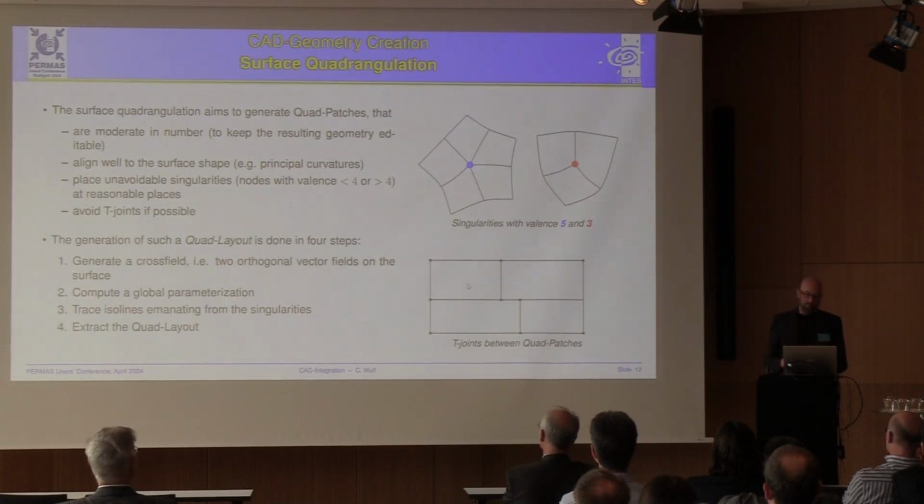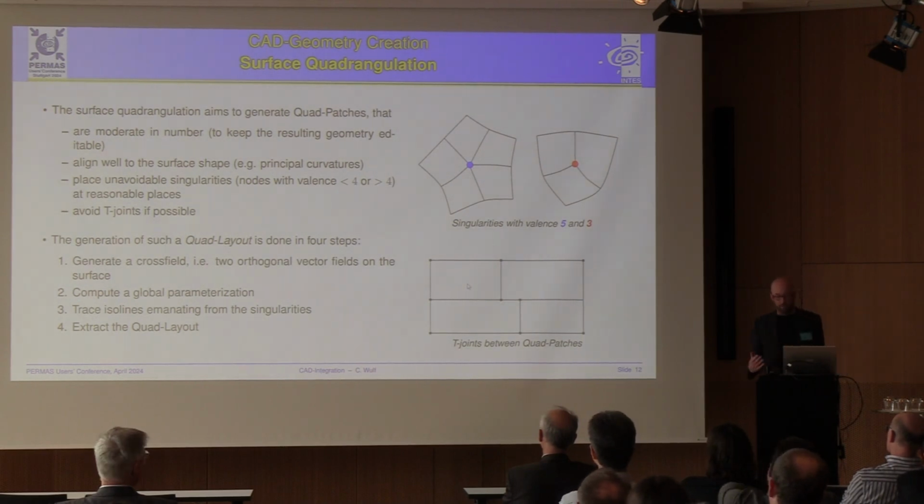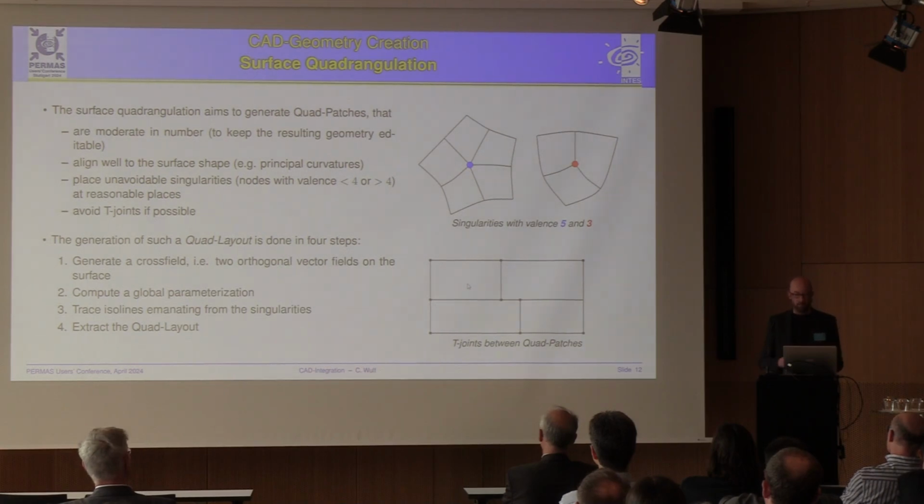Now, the most difficult step in this process is the quadrangulation of the surface. Here we aim to generate quad patches with a moderate number. This means that we want to keep the resulting geometry editable in a post-processing step in the CAD system. So there's no gain if we have the same number of quad patches as before. The triangle mesh has many triangles, so we want to drastically reduce the number of patches.